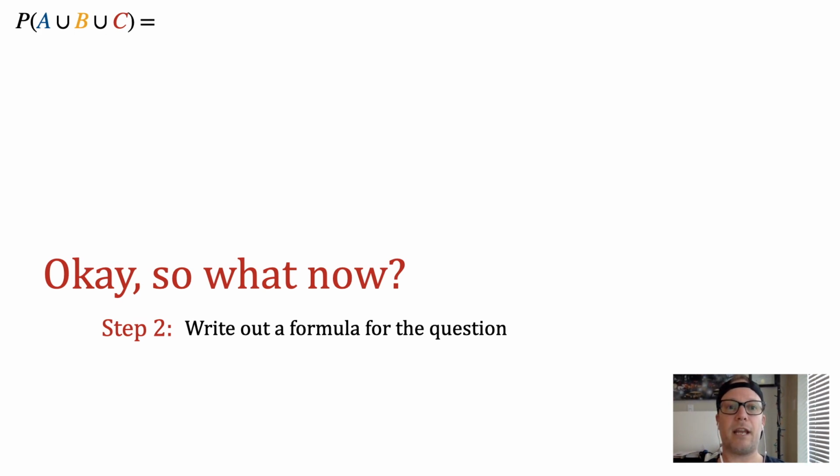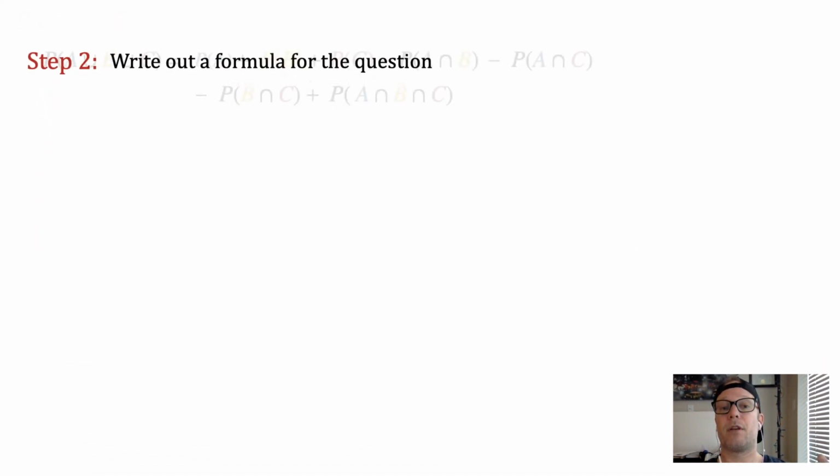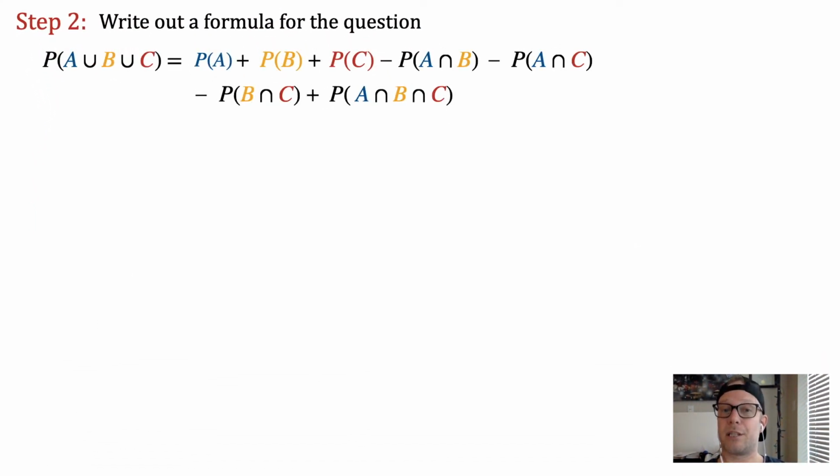So the probability of A union B union C is equal to the probability of A plus the probability of B plus the probability of C. Notice we add all of the individual probabilities A, B, and C. Then we subtract all of the two-way intersections, so minus A and B, minus A and C, and minus B and C. And finally, we add back the triple intersection.